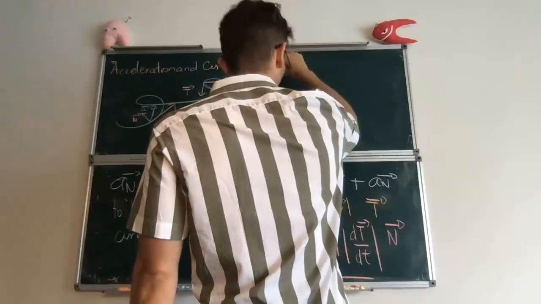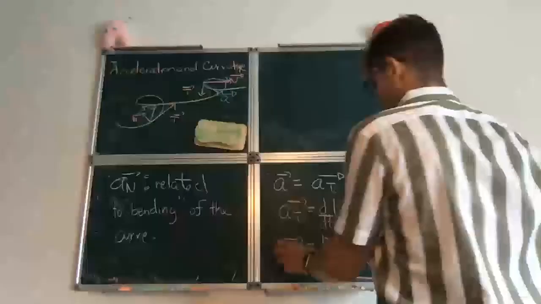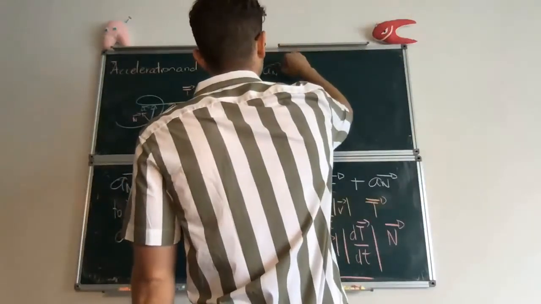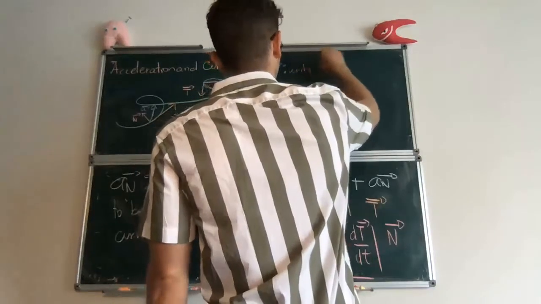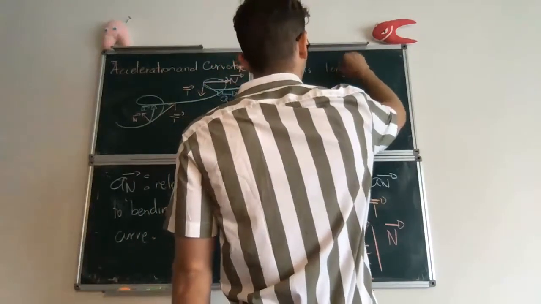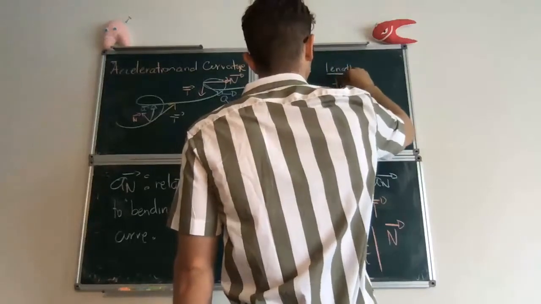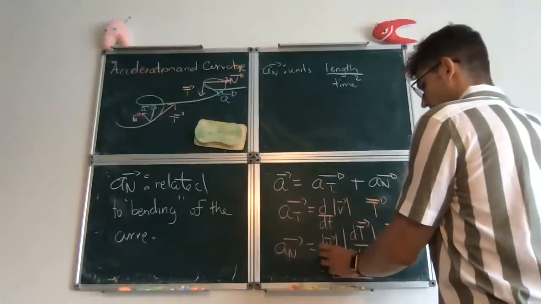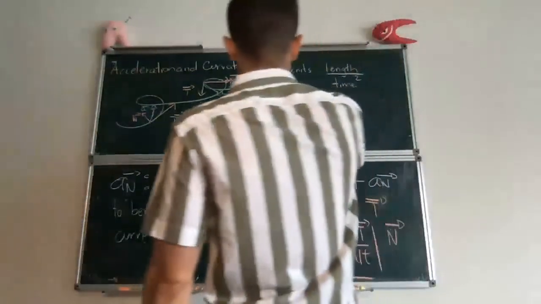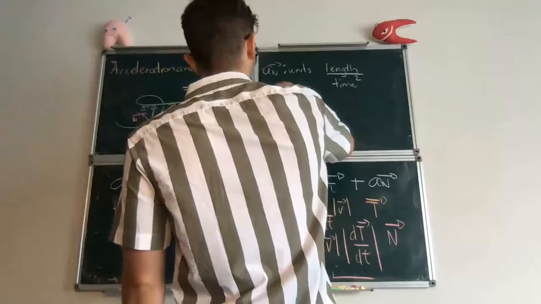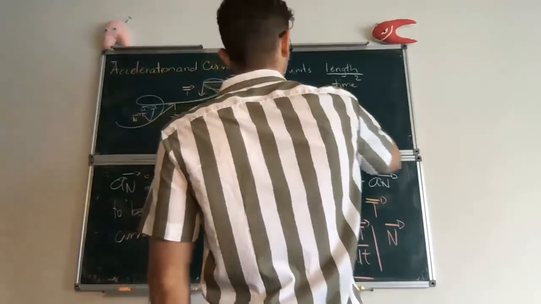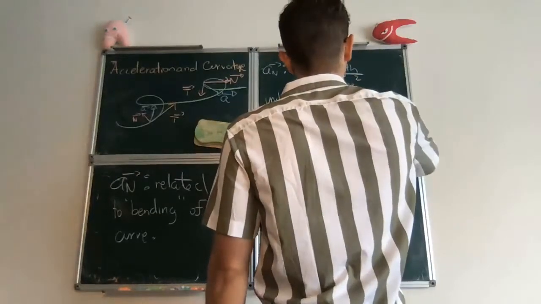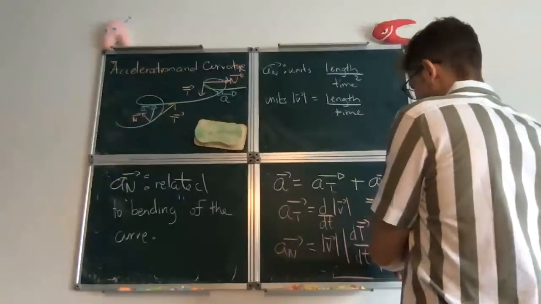Notice, what are the units? This is an acceleration, so it has units of length over time squared. Those are the units of acceleration. On the other hand, the units of the speed are length over time, and this has no units.